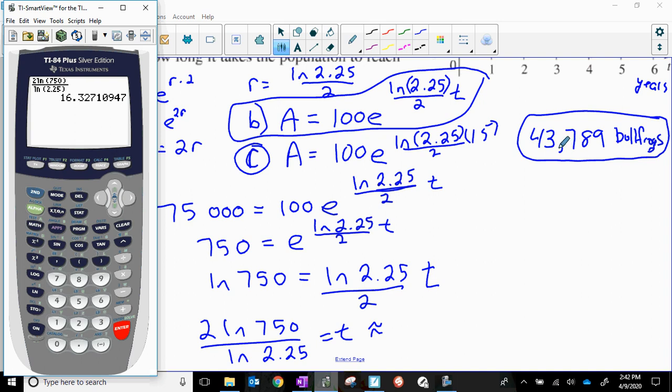So if this isn't bigger than 15, I'm a little worried. It is bigger, so we should be good. So we'll take 16.327 years.